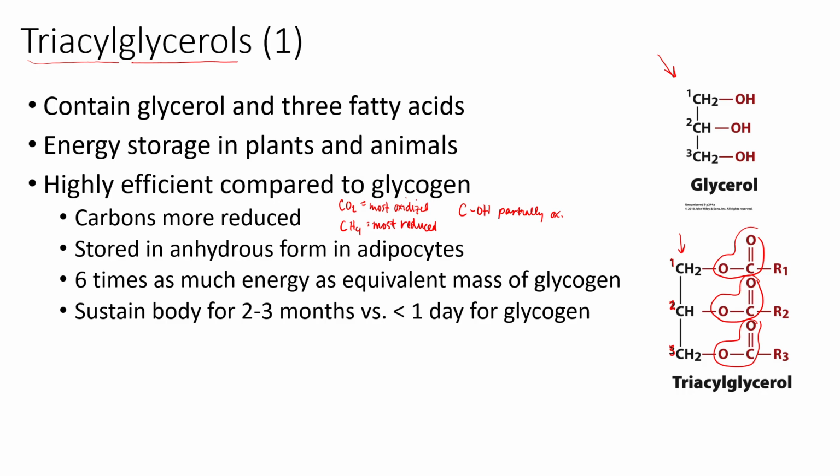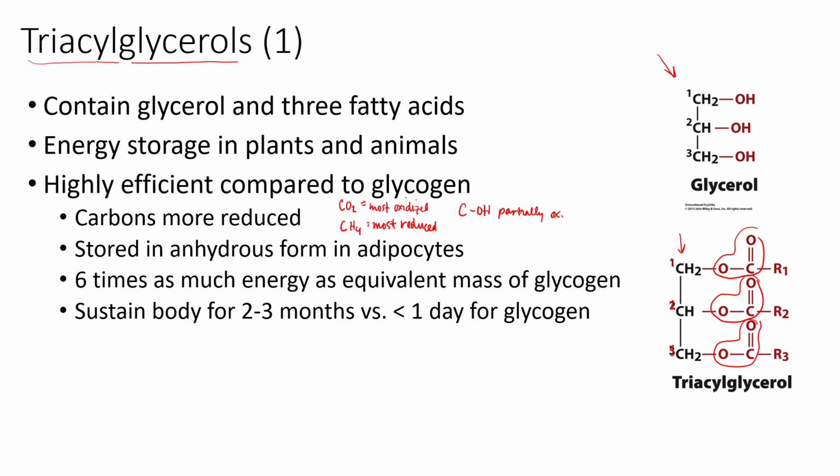And so essentially you have more energy available because you're starting from a more reduced state. So you have more distance to go before it gets fully oxidized. All that is to say, triacylglycerols are fairly reduced compared to a molecule like glycogen, and so they are a more efficient way to store energy.